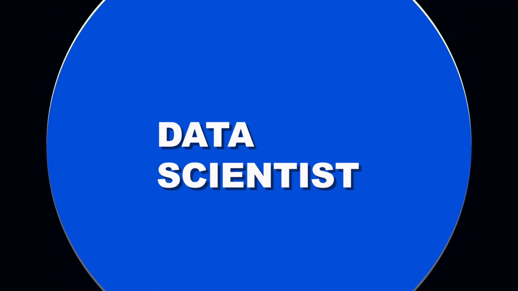Finally, the data scientist. These are the most technical roles, and they usually work at the end of the data pipeline. So they take the data beyond insight and into prediction, using machine learning to model future outcomes. But also, not every company needs a data scientist, but nearly every company needs a data analyst.